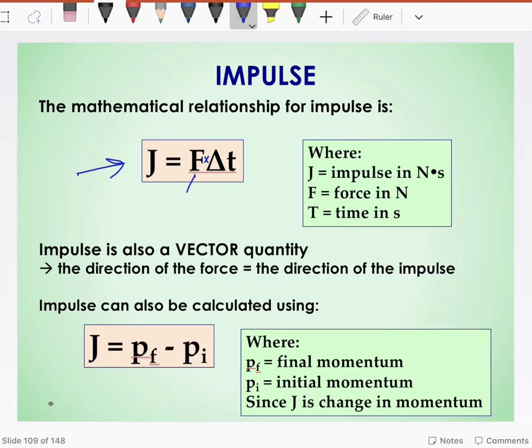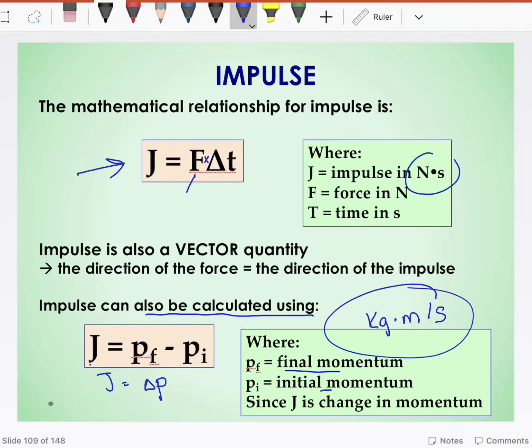Now, our units for impulse can actually be in two different forms, because impulse can also be calculated using the formula where impulse equals PF minus PI, where PF is final momentum and PI is initial momentum. Whenever we're calculating that, we're calculating a change, which relates to the initial formula from the last slide. Because impulse relates to change in momentum, and our units for momentum are kilogram meters per second, there are two possible units for impulse.